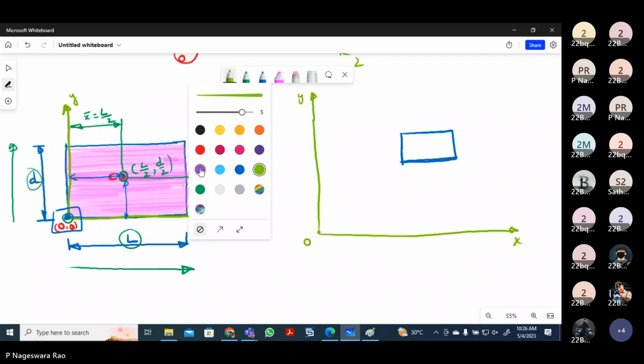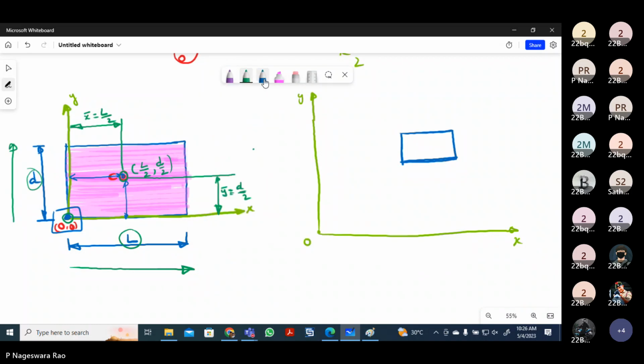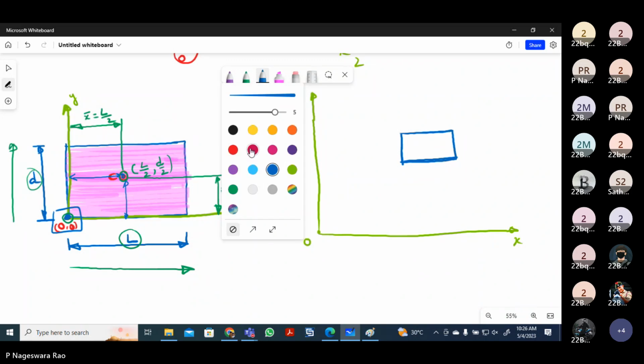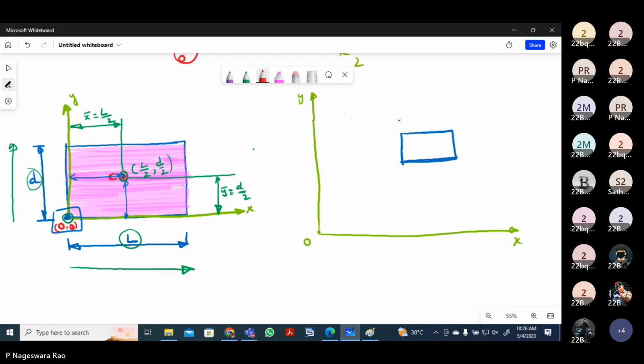Let us assume, in this case, I am taking this rectangular corner so that you can understand well. Assume this rectangular corner, I am giving the dimension.